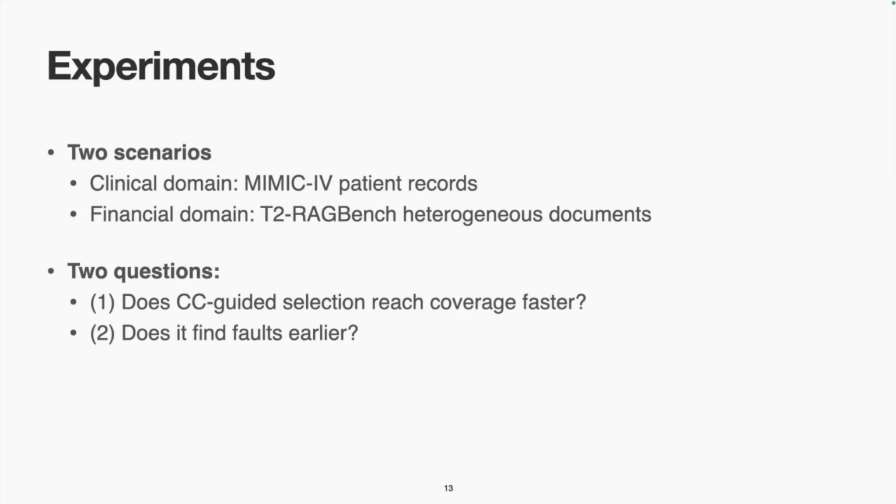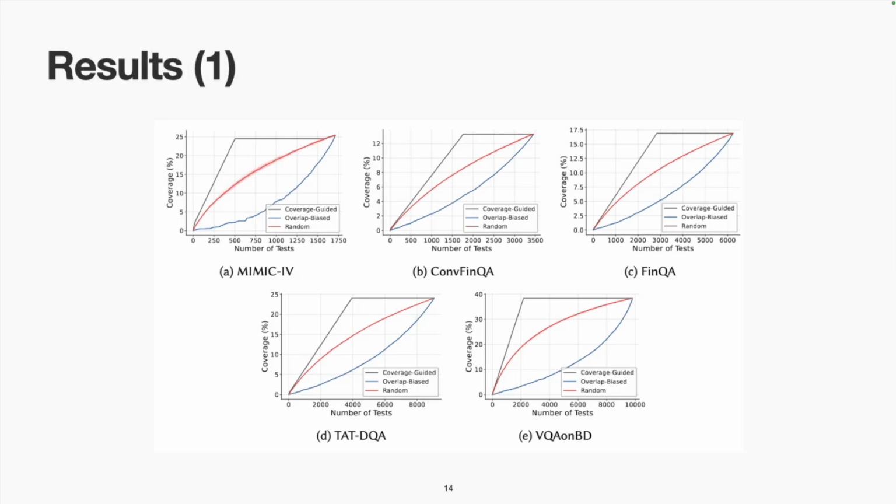The first one is, does our chunk-coverage-guided selection reach the coverage faster? And the second one is, how fast can it find the FERT compared to random search? I wanted to use a more prominent or better baseline, but this is the first work, so we just use the random baseline.